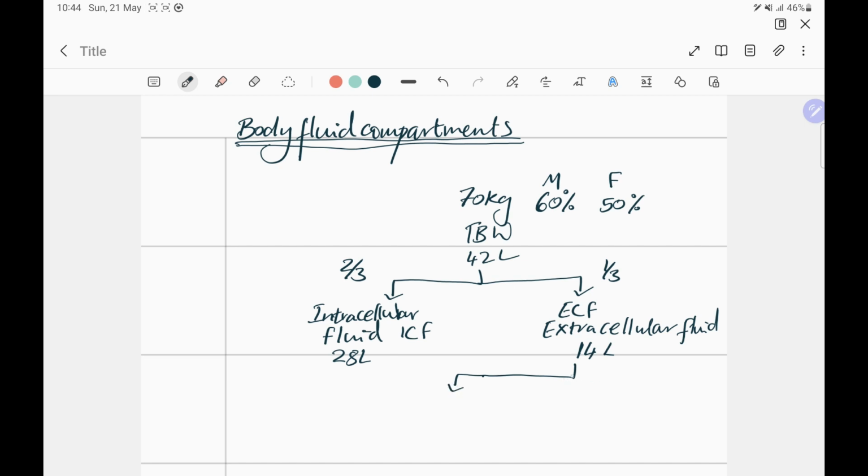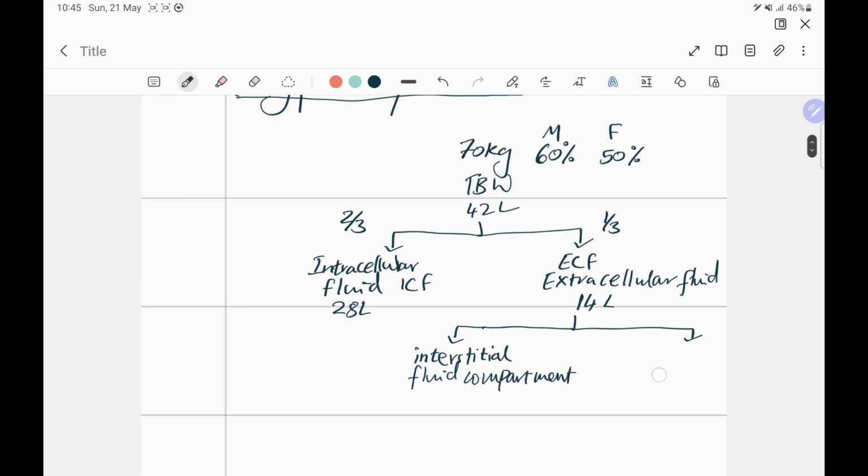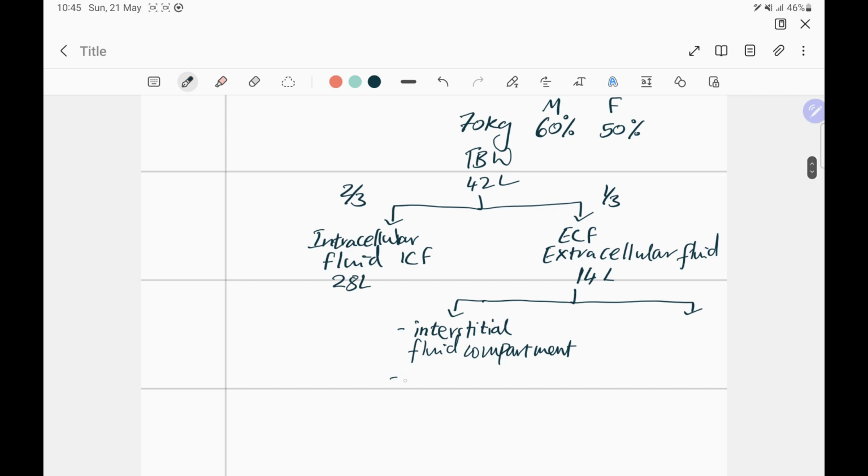I'd like to say that the most important of divisions are the interstitial fluid compartment, along with that, we have another compartment called the mesenchymal fluid compartment. Now, it's less spoken about, mesenchymal fluid, and this is the fluid that is in your connective tissue, bone, and cartilage.